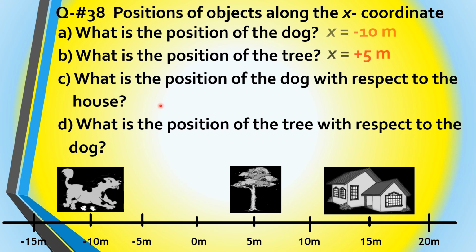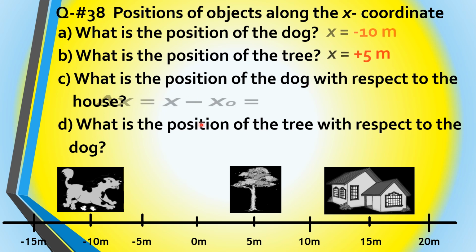Now, in case letter C, we'll be doing some kind of computation. This is what we call the formal way of getting the answer with a working or a solution. We are looking for the position of the dog with respect to the house.